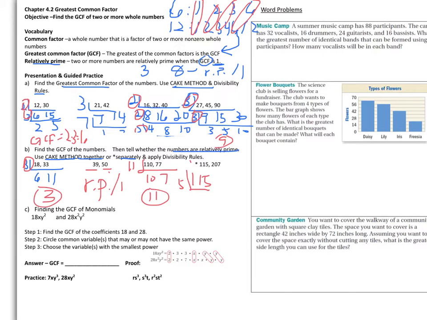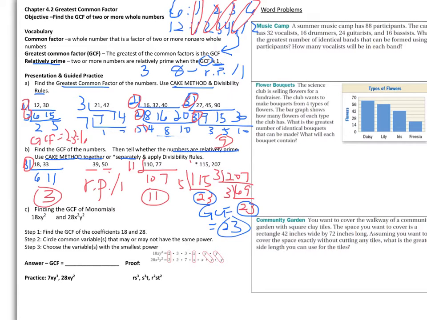So 5, 2, 23. I have to stop here. Start with 3, 6, 9, 3, 2, 3. Oh, I found the 23. So that's the GCF. GCF of 23.